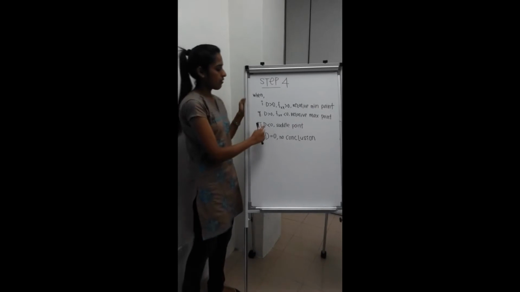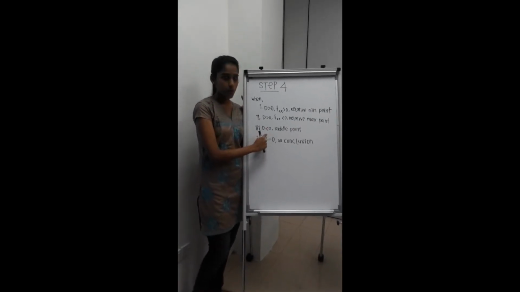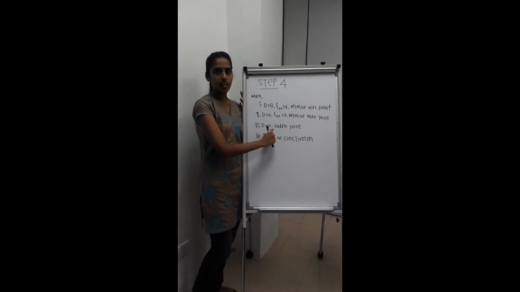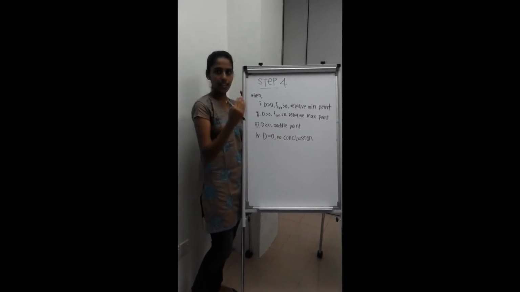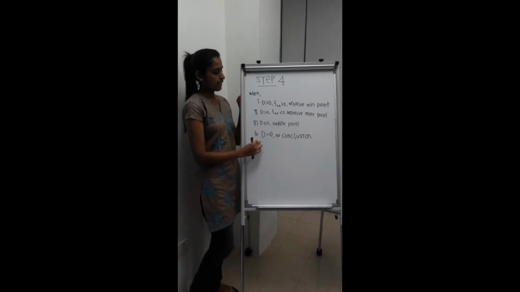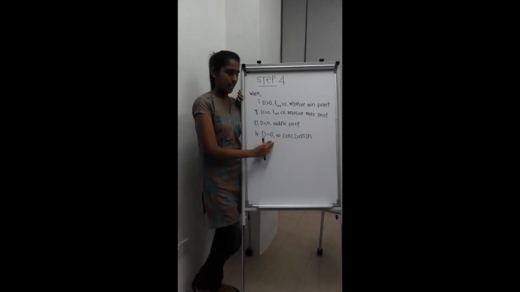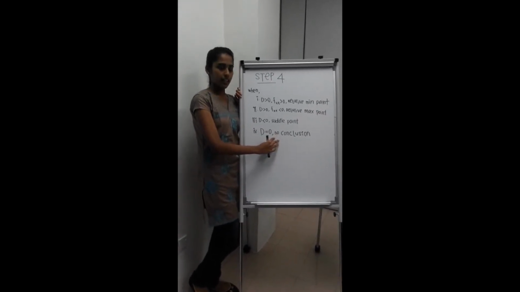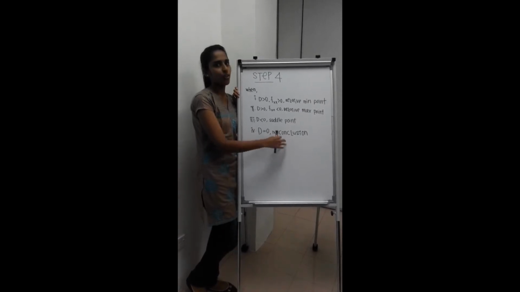Third is when D is less than 0, the function has a saddle point at the given point. And fourth condition is when D equals 0, then no conclusion can be drawn.